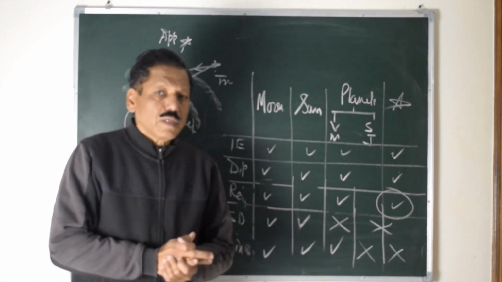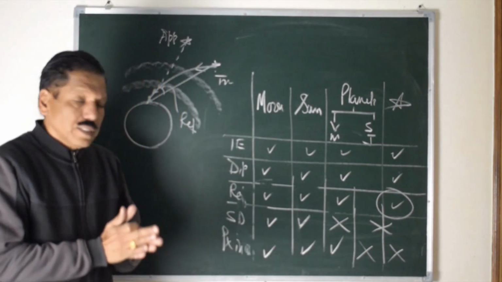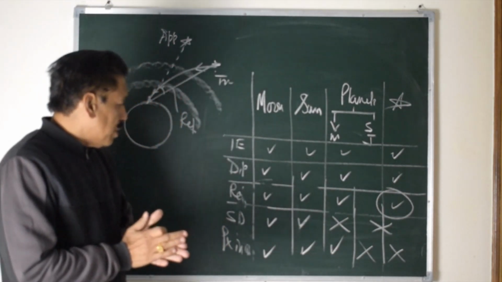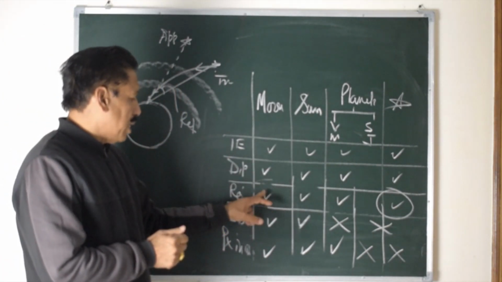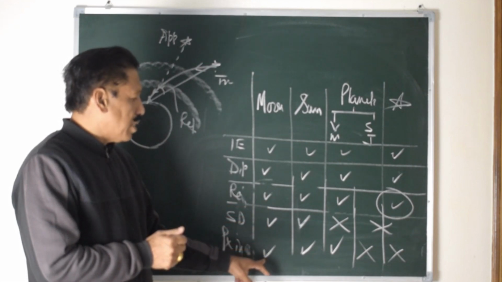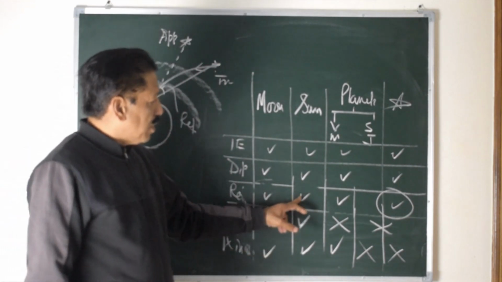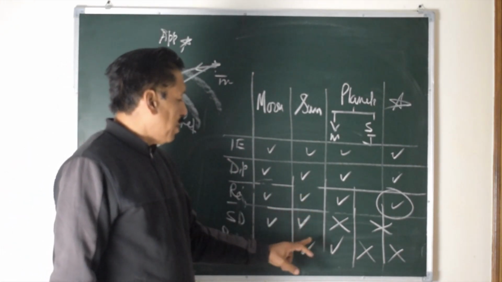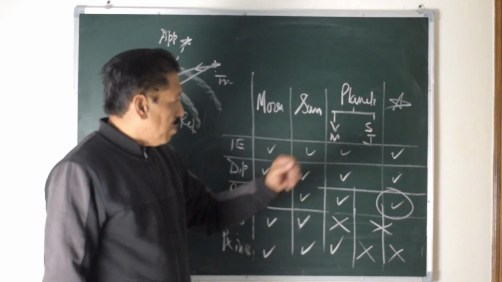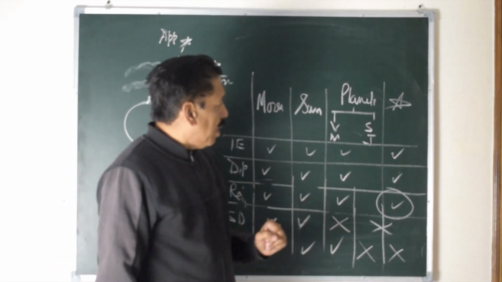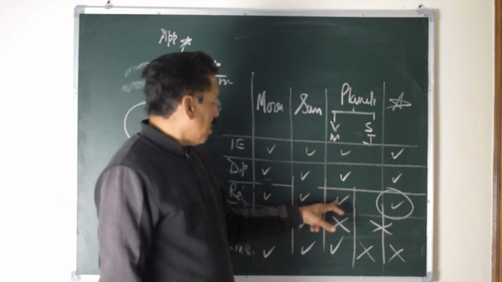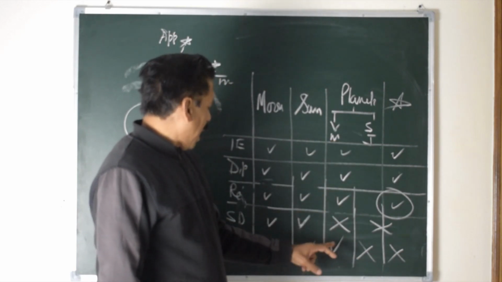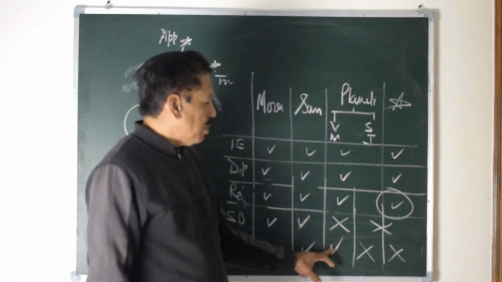So talking about the total correction in the tables, Moon's total correction table would contain refraction, semi-diameter, parallax in altitude. Sun the same: refraction, semi-diameter, parallax in altitude. For the planets, for Venus and Mars, it is refraction and parallax in altitude.